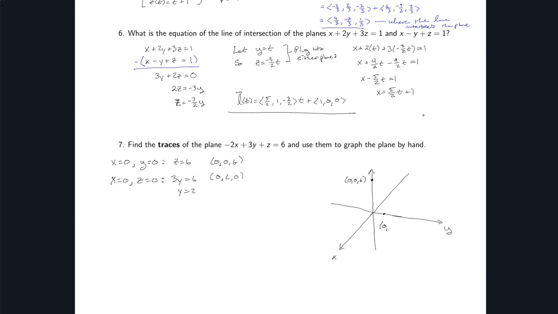And if y is 0 and z is 0, then negative 2x equals 6, so x equals negative 3, and we have the point negative 3, 0, 0. And so that's about here.